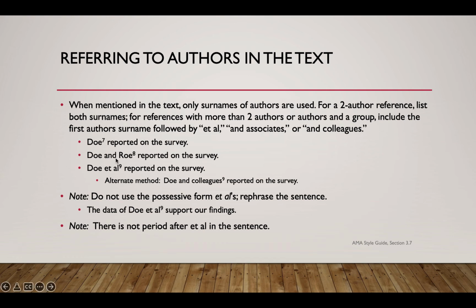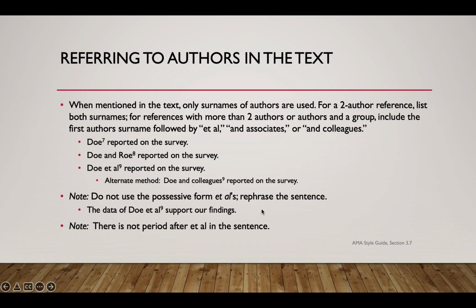You only use the last names when talking about them in text. And finally, if there are more than 2 authors and you want to talk about them in text, you would use just the first author's surname and follow it by et al. And some examples of an alternate method would be you could use Doe and colleagues or Doe and associates.